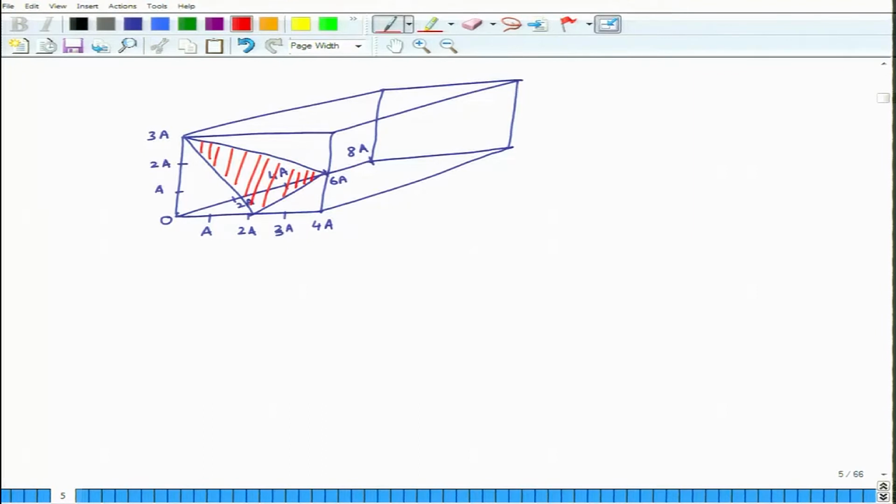So I can see my unit cell parameters are: A is equal to 4a, B is equal to 8a, and C is equal to 3a. All right. What are the fractional intercepts?